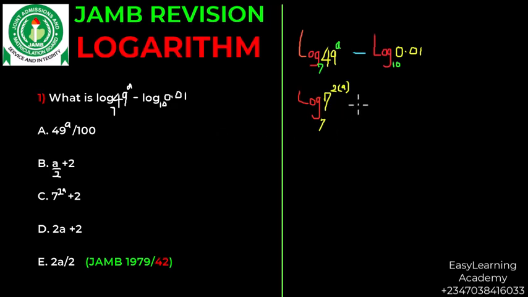Now we say minus. Now log for 0.01 is the same thing as saying 1 divided by 100, because if we divide by 100 by moving the decimal point 2 places back, we get 0.01.